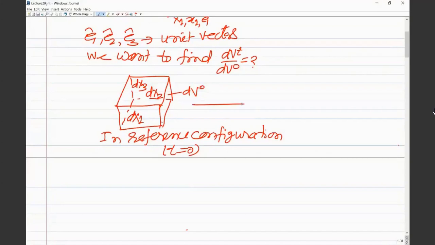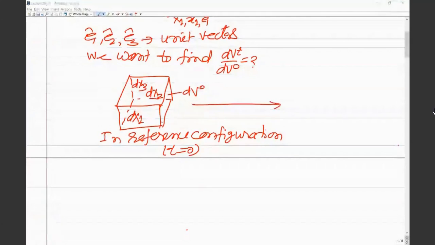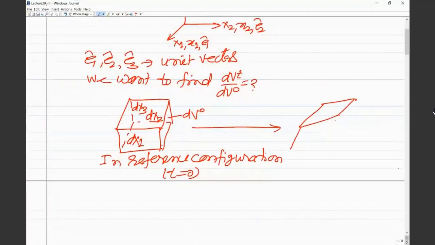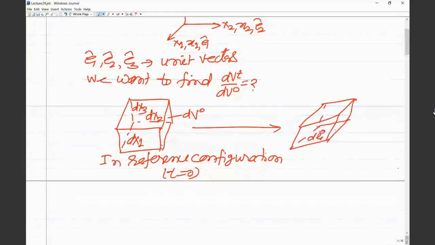And then this gets transformed to the current configuration, so it will become a parallelepiped. Let us say this is the vector dl1, this is the vector dl2, and this is the vector dl3.